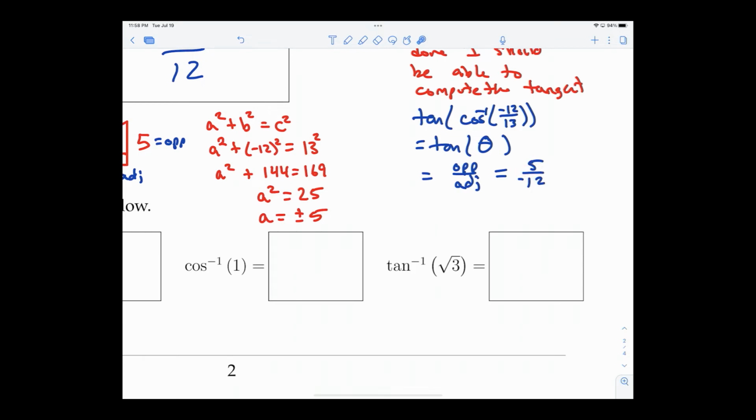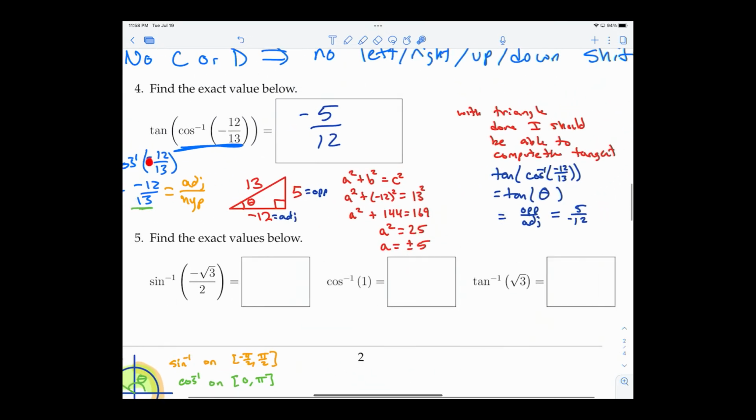You should get the sign right if you followed the method that I followed anyway, and you shouldn't have to think about it, but I'm just trying to justify this minus sign a couple of different ways. So I realized that was pretty complicated. Normally what you would do is if this is a value that you can calculate, like it's on the unit circle, you just calculate the inside and then you calculate the outside, and it's a lot faster than what I just did.